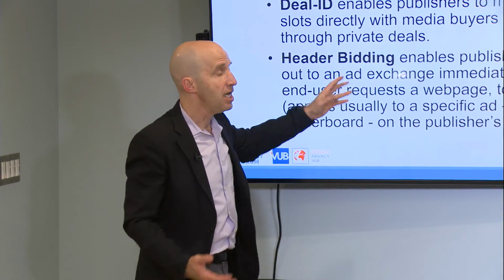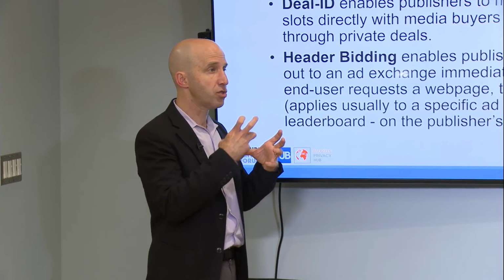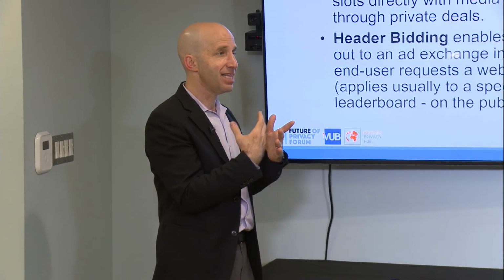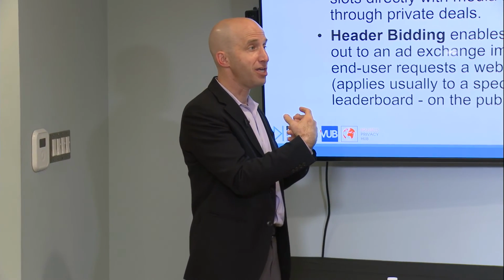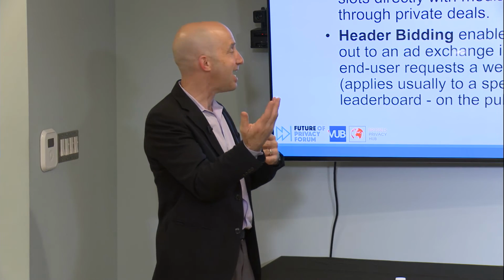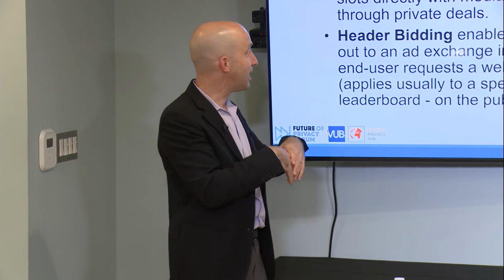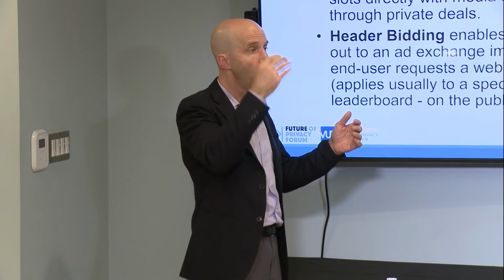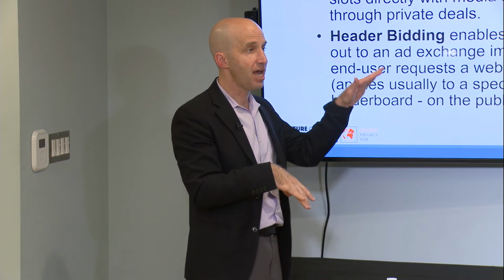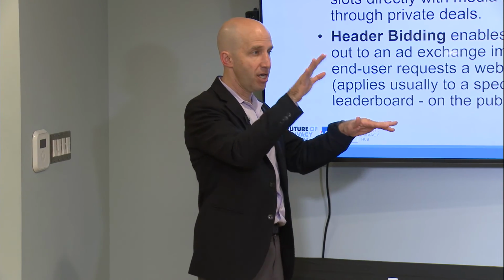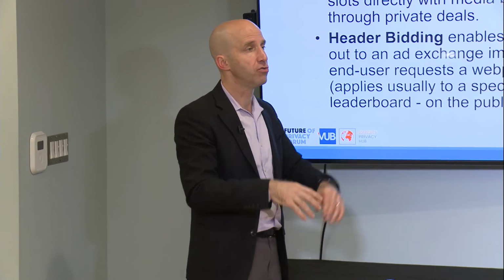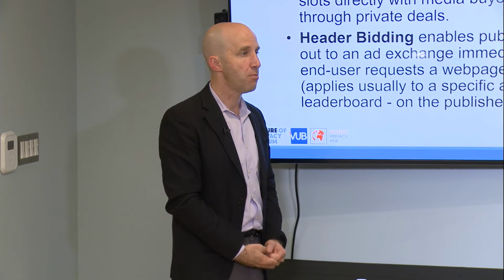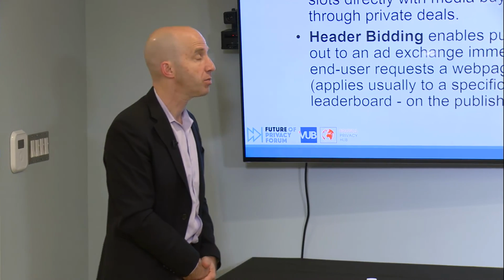And header bidding: if I'm a publisher and I used to go out to one SSP, one supply side platform, and then I had to wait for them to come back with an auction, and maybe I chose a second source out there. Instead now, at the header level, I can do this bid and ultimately have more control over a parallel auction. I could have Facebook, and then one SSP that controls everything else. But all of that gives me a lot more control as a publisher on the supply side.